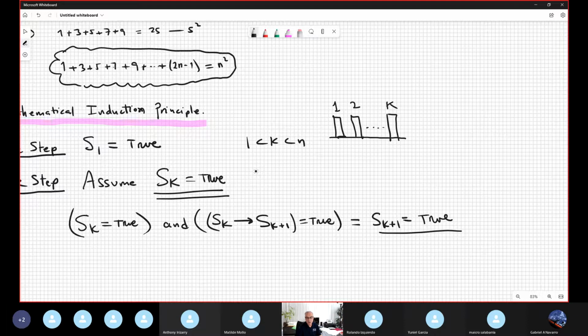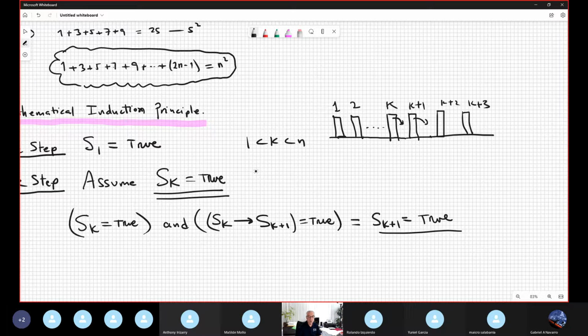That's true, and true means that when I push it, the next one, k plus 1, falls. That means that if this falls and touches this, this falls. And this motion continues forever for any value of k: k plus 2, k plus 3, and so on.